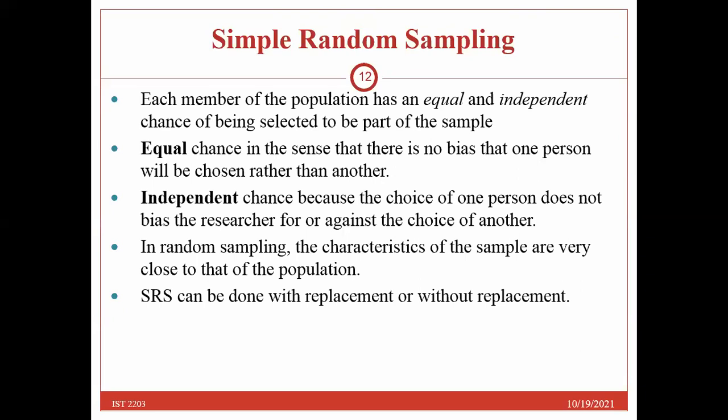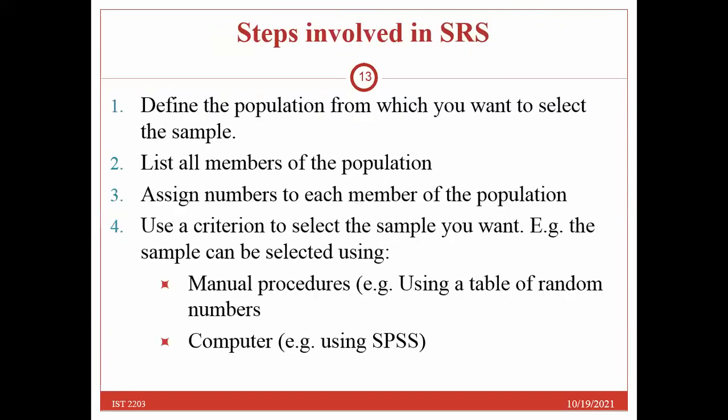So in random sampling, the characteristics of the sample are very close to that of the population you want. And it can be with replacement or without replacement.